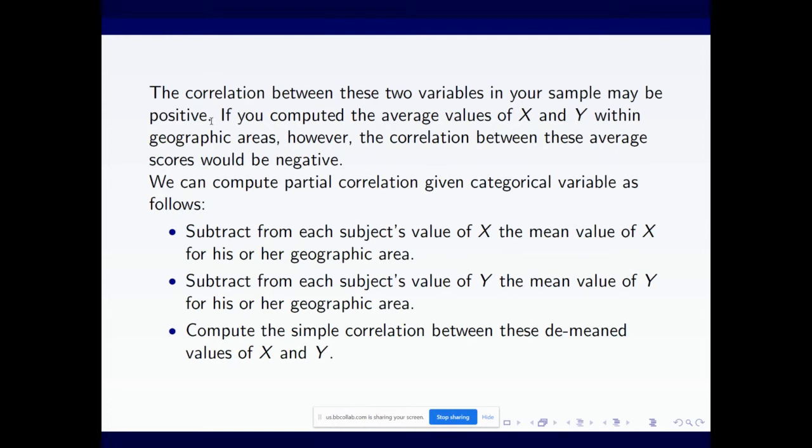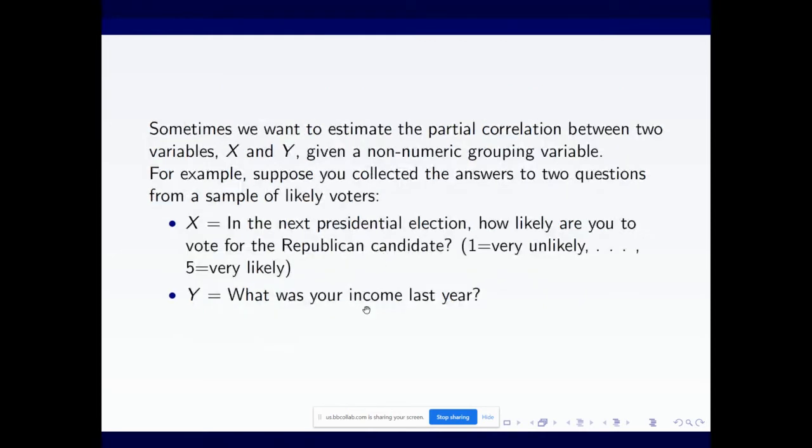There may be many confounding variables, but one that we can think of is the geographic area, because within the same geographic area, people have a similar income and the same political opinion.